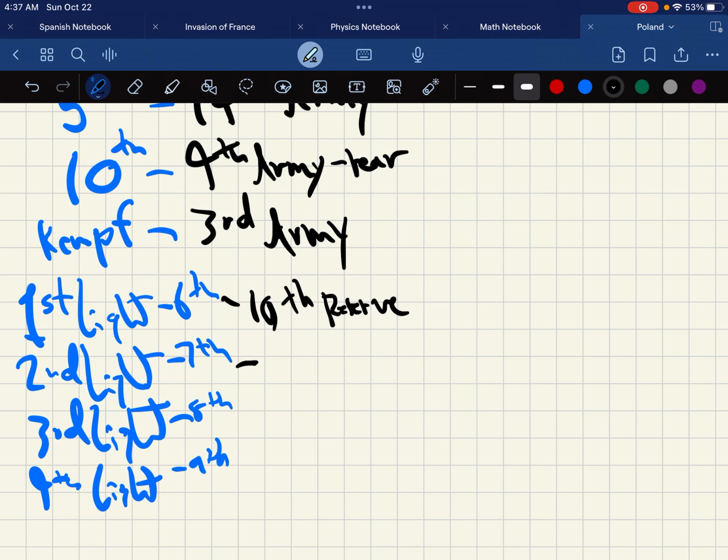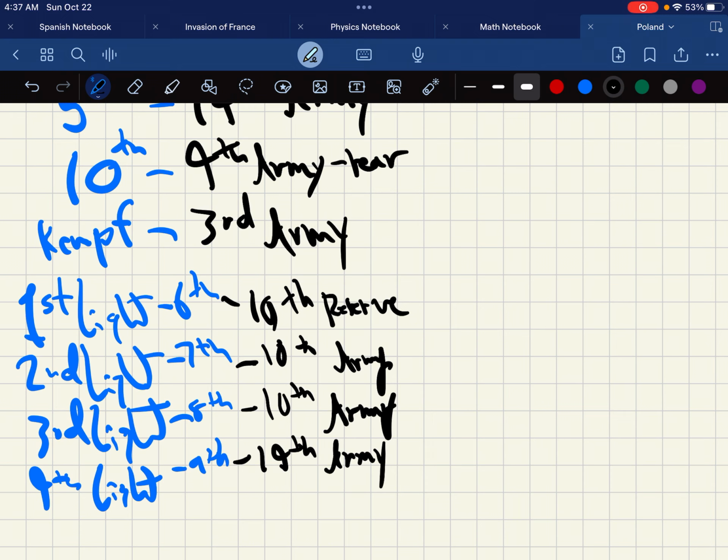And then the 7th and the 8th Panzer Divisions, or actually it's just 2nd and 3rd Light, were in the actual fighting in the 10th Army. And then the 9th Panzer Division, aka the 4th Light Division, was a part of the 14th Army, attacking Silesia. So these are the exact same divisions, just with different names.